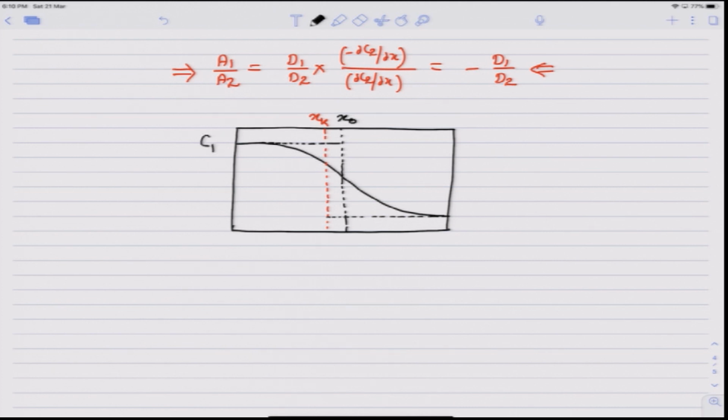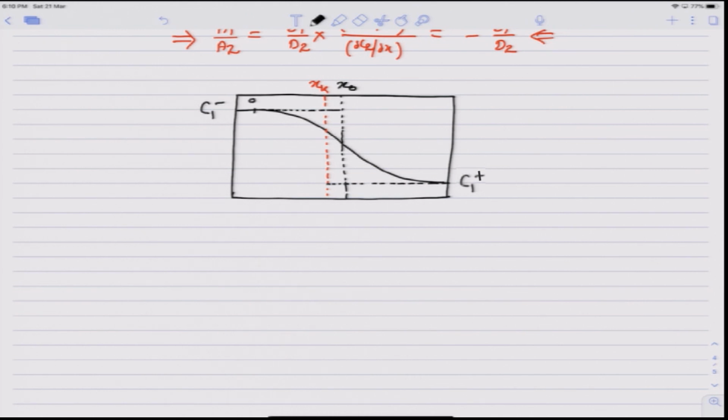So we have C1 minus as the left terminal alloy concentration, C1 plus as the right terminal alloy concentration, xk is the location of the marker plane, x0 is the location of the Matano plane. To get the areas, let me label these points A, B, C, D, E, F, G, H, I.